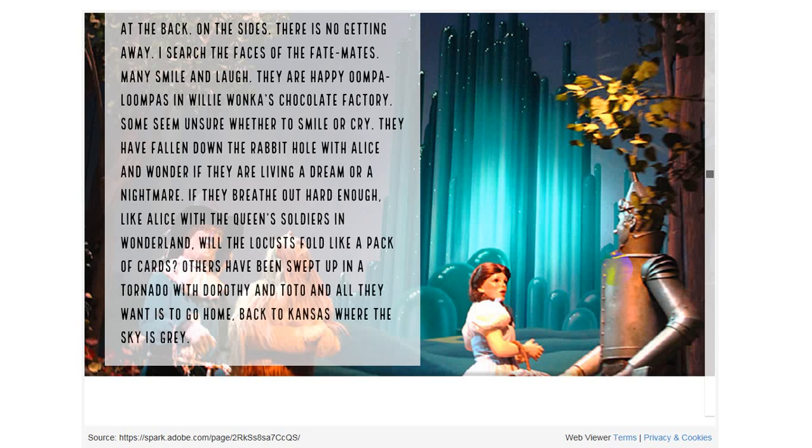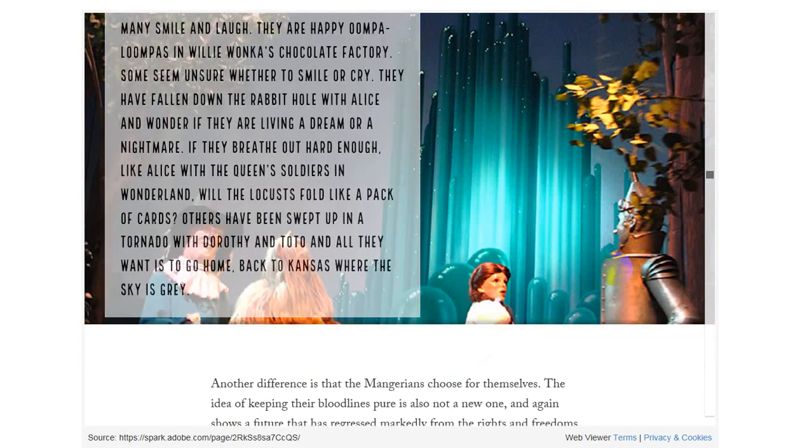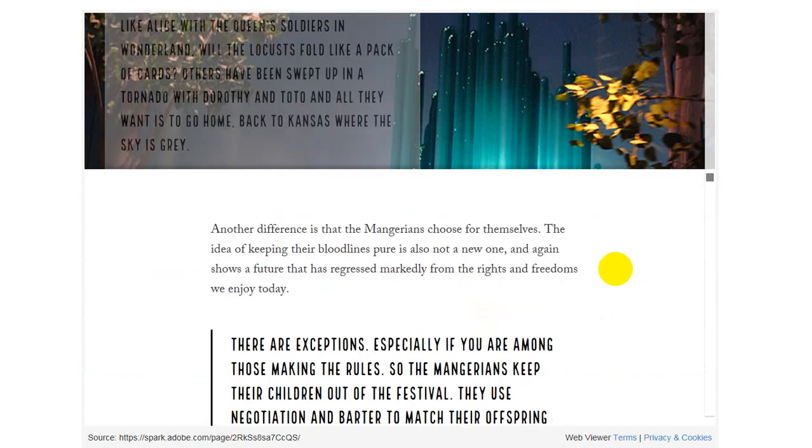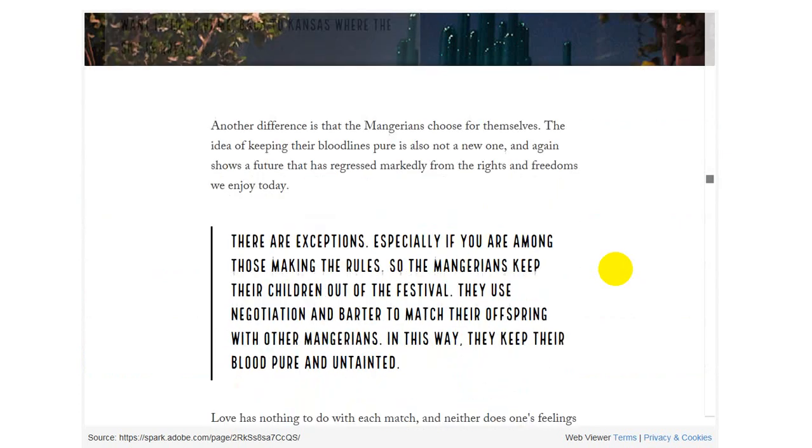She talks about how they've fallen down the rabbit hole with Alice and wonder if they're living a dream. If they breathe hard enough, will the locust fold like a pack of cards? And others have been swept in a tornado with Dorothy and Toto, just showing how intelligent she is. She's learnt a lot from the books she's read, and how imaginative she is too.